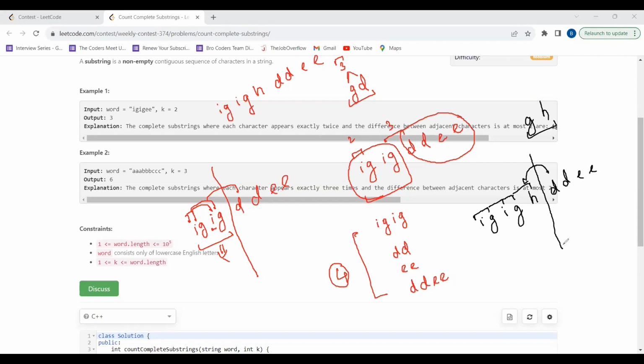Some portion of the first partition can be a complete substring, but I'm not partitioning on the basis of complete substrings. I am partitioning on the basis that they are not compatible with each other, because H and D have a difference of more than 2. So they are not compatible for existing with each other. So we'll need to partition them.